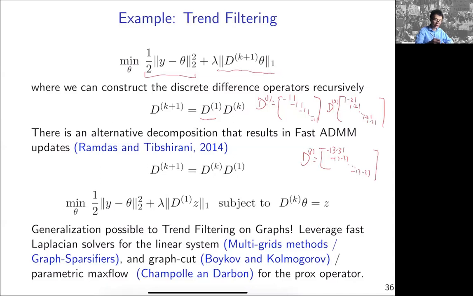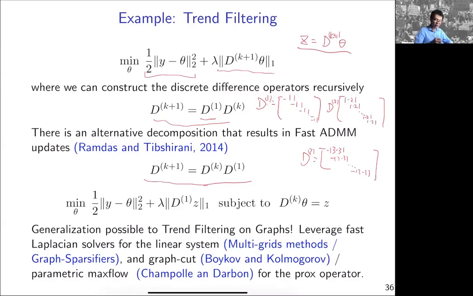So let's try deriving the ADMM algorithm for this problem with a special kind of decomposition. Suppose that instead of decomposing this D^(k+1) this way, we simply take z to be D^(k+1) theta. If you do this, one of the prox operators that you end up needing to solve in ADMM becomes a soft-thresholding operator, which is not bad because you can solve it in linear time.